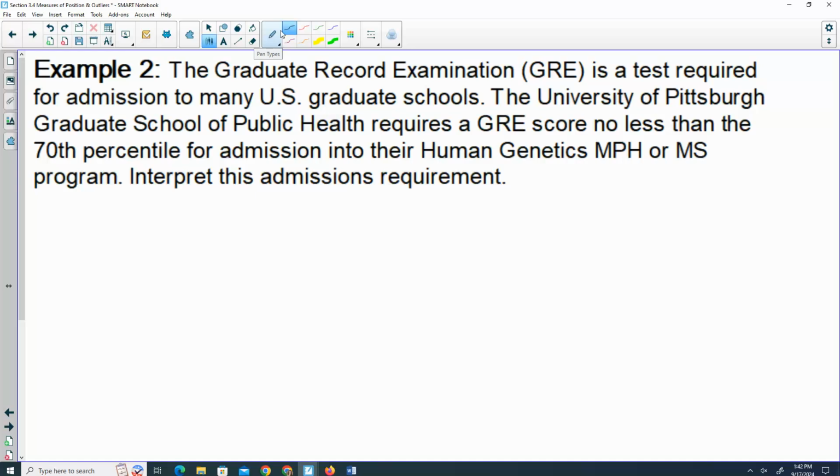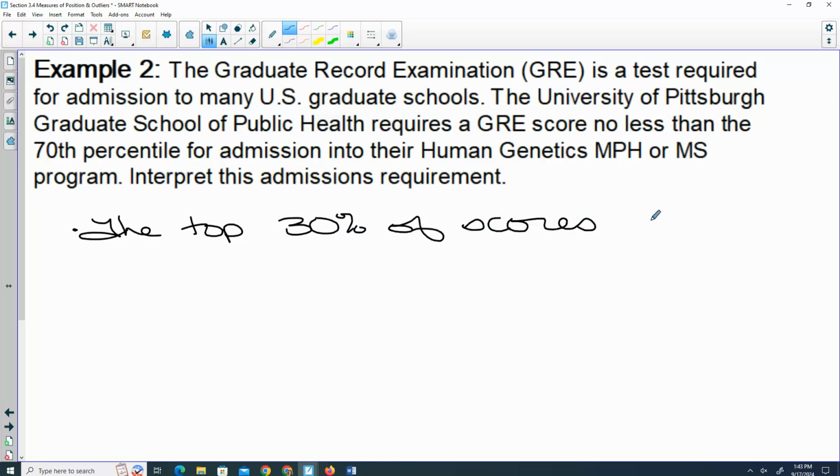This is the way a lot of those are set up. It's not like you have to get a certain score. They just want to take the best people taking this test. And so you have to have a score no less than the 70th percentile. So who gets accepted? There are different ways you could write this, but you could say the top 30% of scores would be accepted.